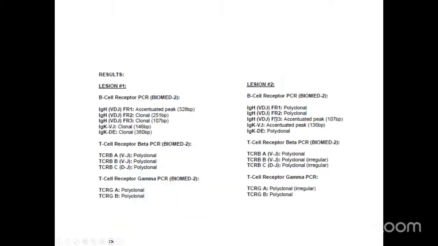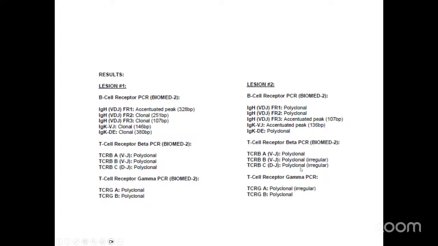So in the end, this is the result of lesion 1 versus lesion 2. Most of the peaks that were seen in lesion 1 were not seen in lesion 2, except for this one peak that was seen in FR3, or the third tube, which was a little accentuated peak. T cell clonality was also done, which was polyclonal.